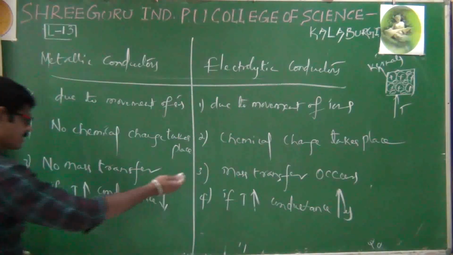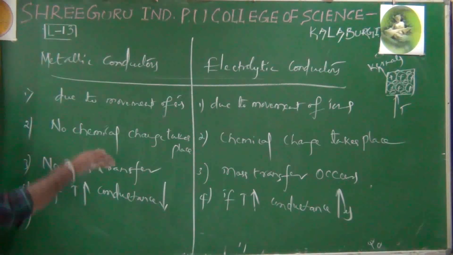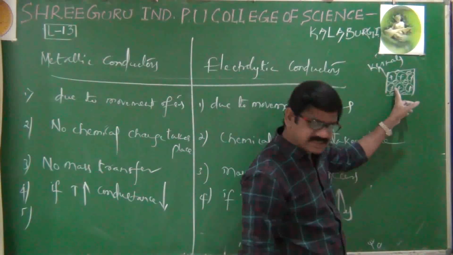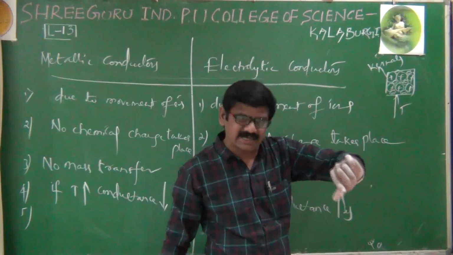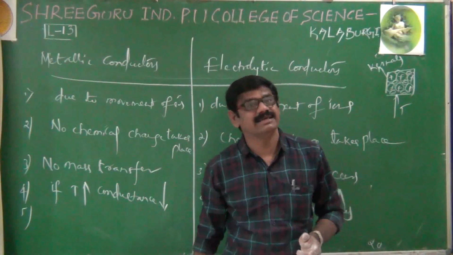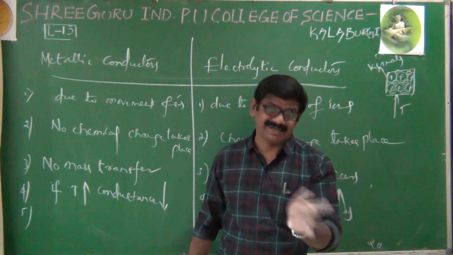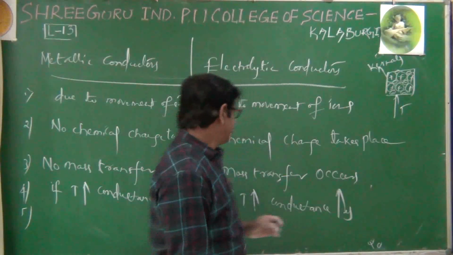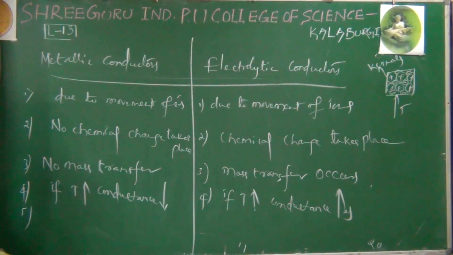And next point, as far as metallic conductors are concerned, if temperature increases, conductance decreases. If conductance decreases, automatically resistance increases, because conductance and resistance are reciprocal to each other. That we'll discuss shortly. That's why when temperature increases, resistance increases.